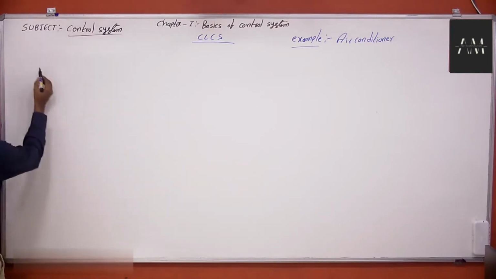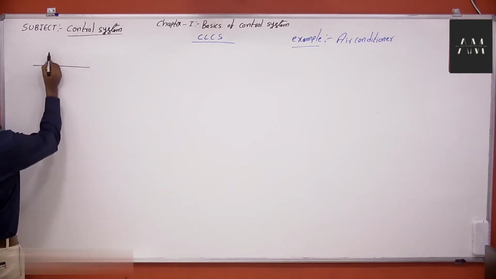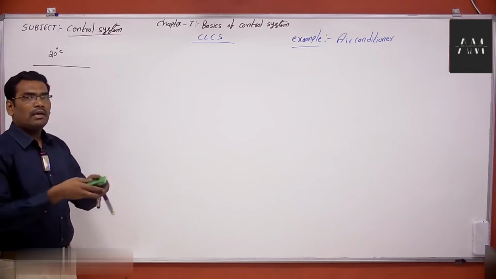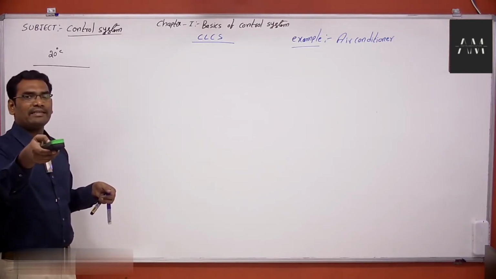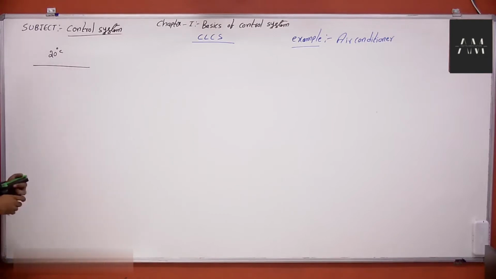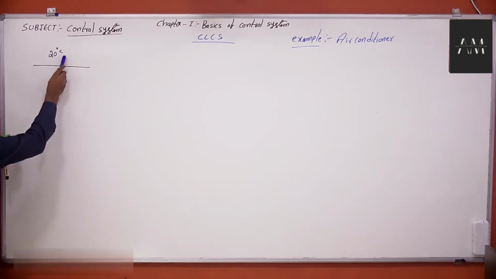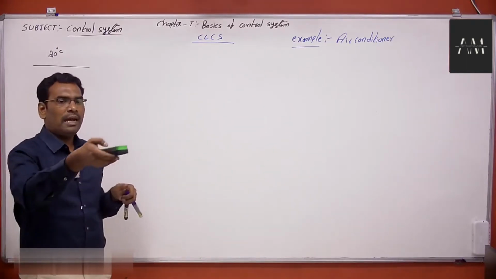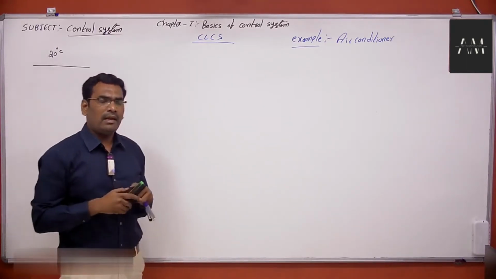Now for example, you take a remote and set the temperature as 20 degrees centigrade. Now the question is, what is the meaning of that?